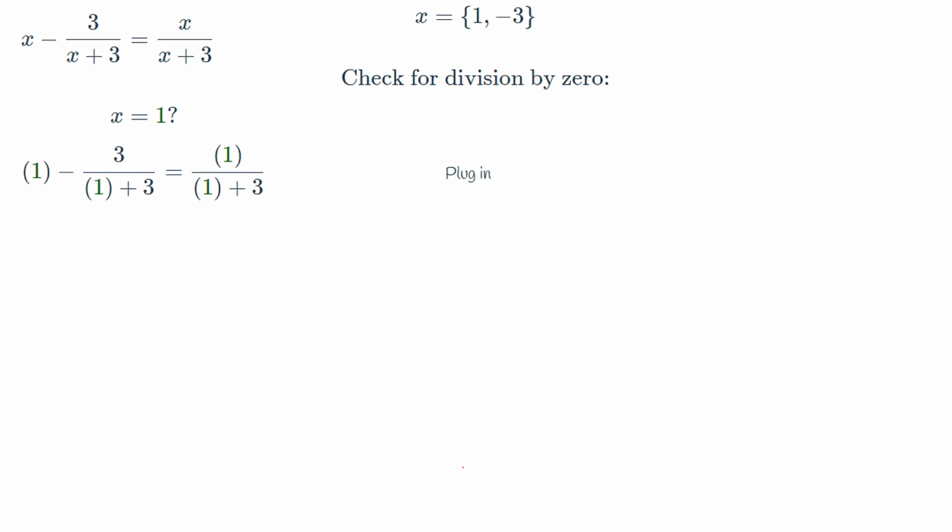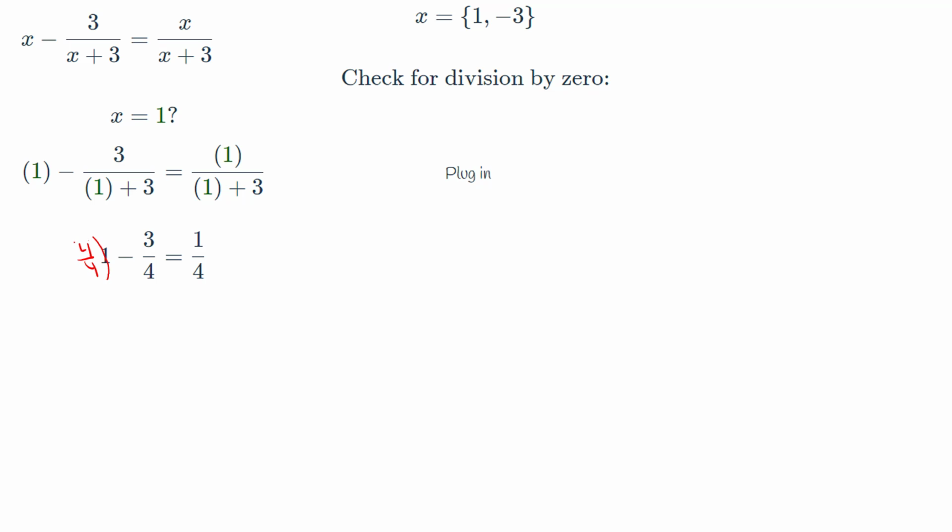If we put in x equals 1 and plug a 1 into all the x values in the initial equation, it simplifies down to 1 minus 3 over 4 equals 1 over 4. And 1 is the same thing as 4 over 4 if you use a common denominator.